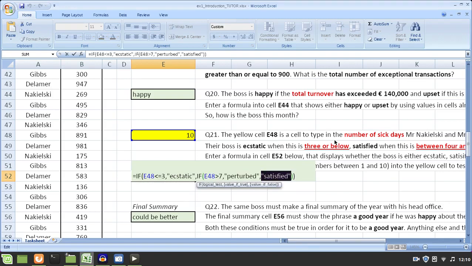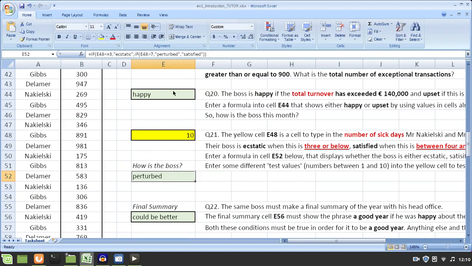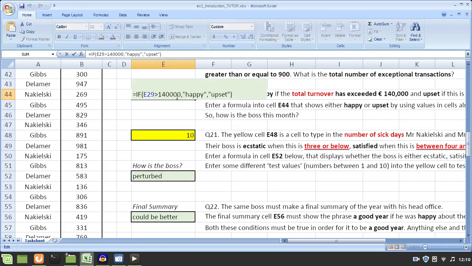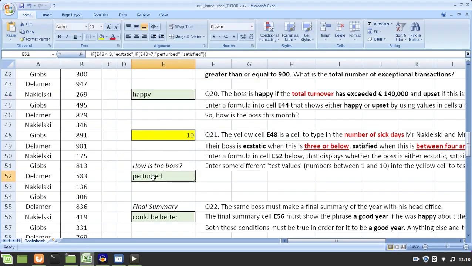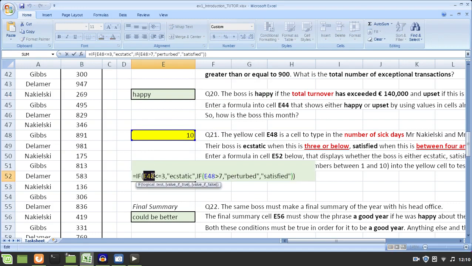It's quite common to have if statements with multiple conditions. So the key point here is that in the previous example, the simple if statement, 2 outcomes, happy or upset, that's called a simple if. And with this one, with 3 possible outcomes, we call that a nested if.